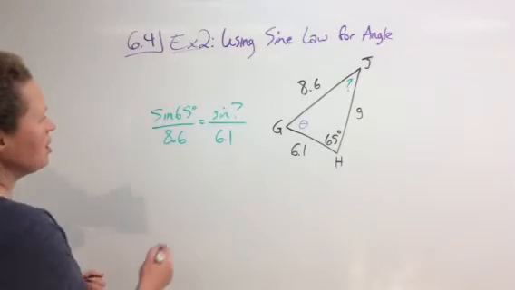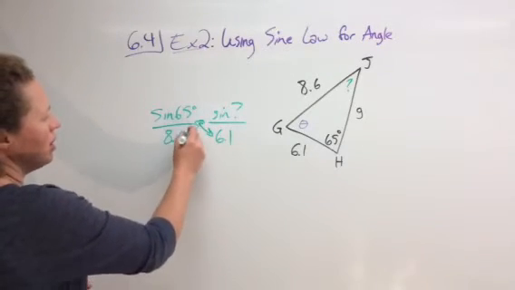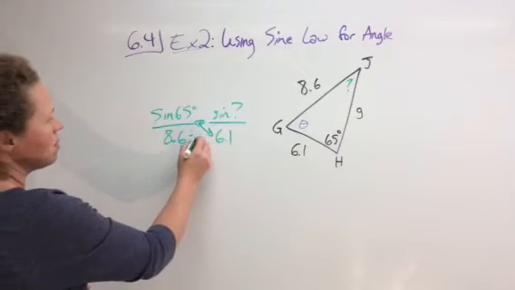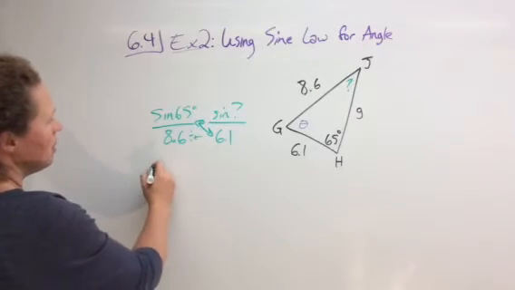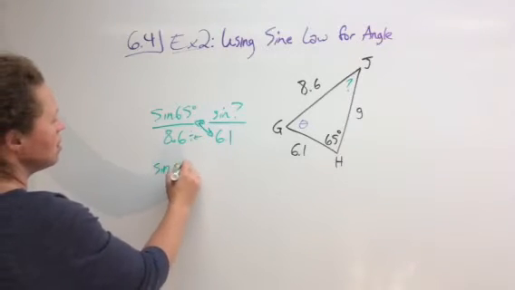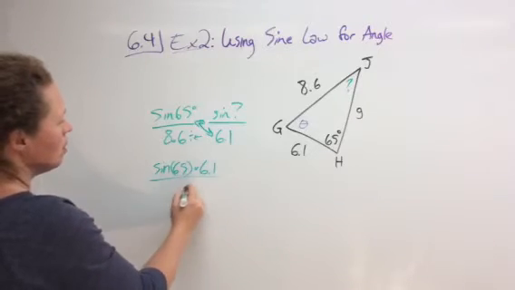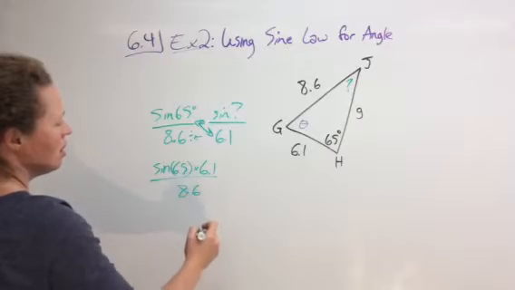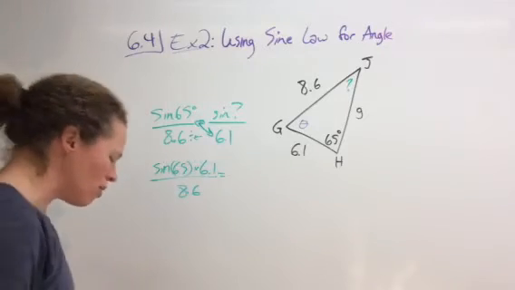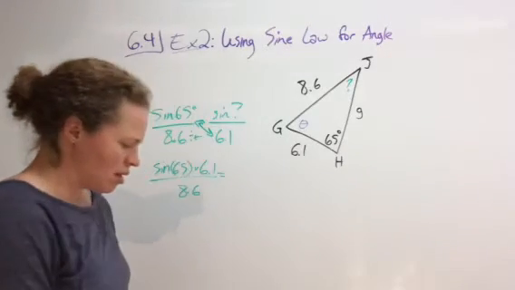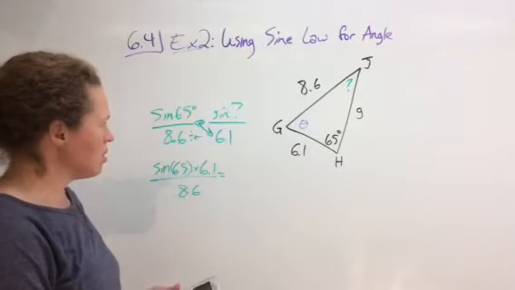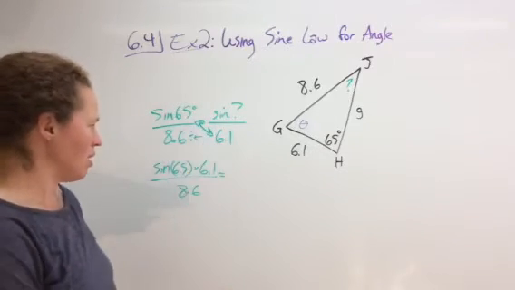So once we have it like this, we do our cross multiply and divide thing. Guess I should have an arrow divided that way. And I write sine 65 times 6.1 all over 8.6. Now, we're almost finished. But you see, this is a little bit different because that's going to equal sine of the angle.